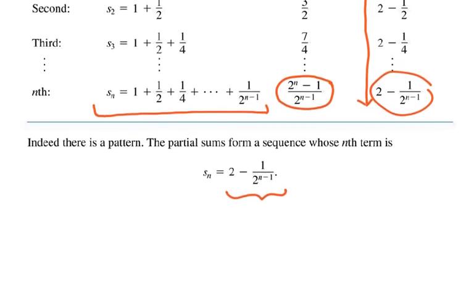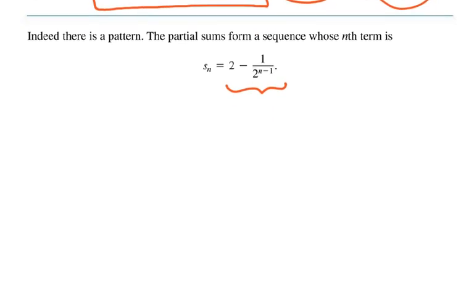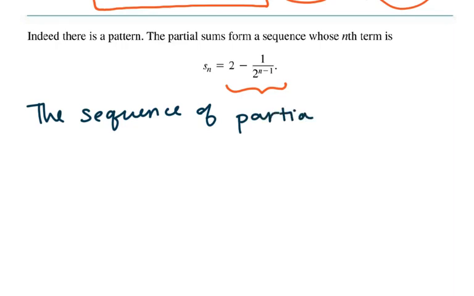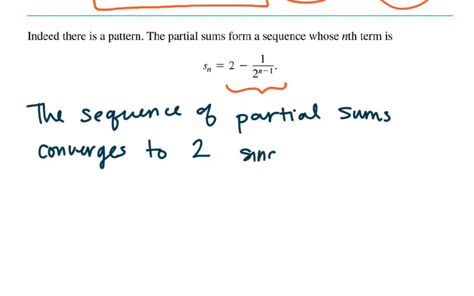And so, looking at this, what we begin to notice is that the sequence of partial sums converges to the value 2. We can say that since we can determine that the limit as n goes to infinity of 1 over 2 to the n minus 1 equals 0.